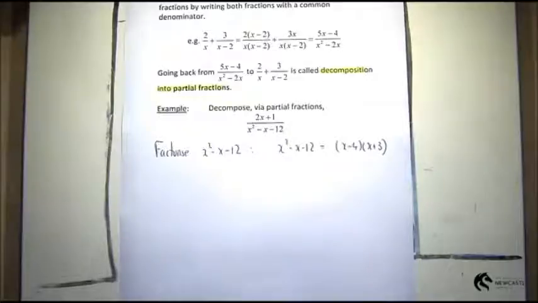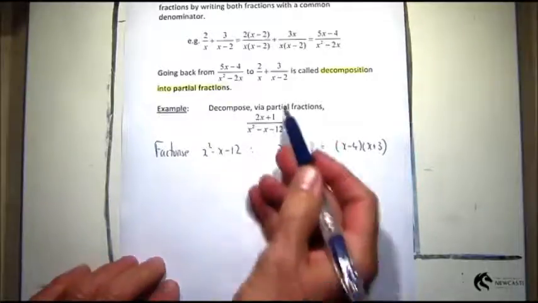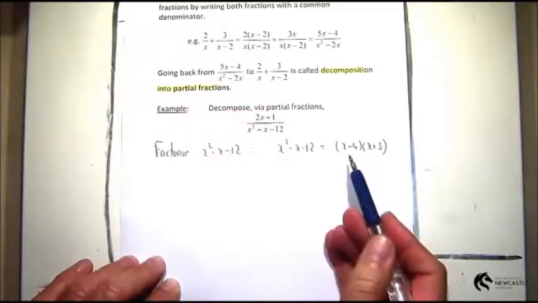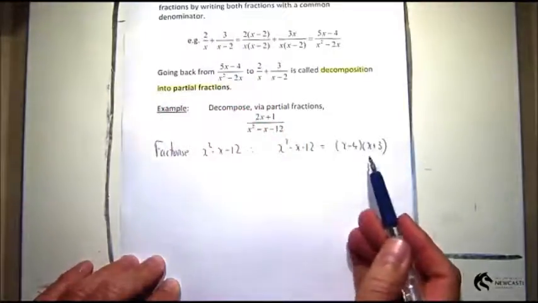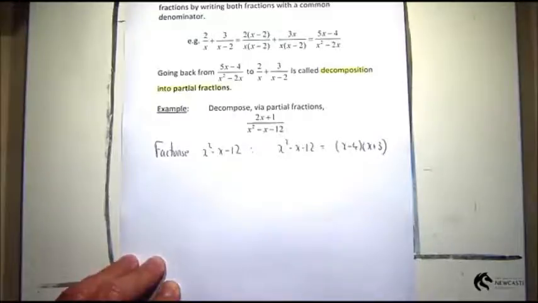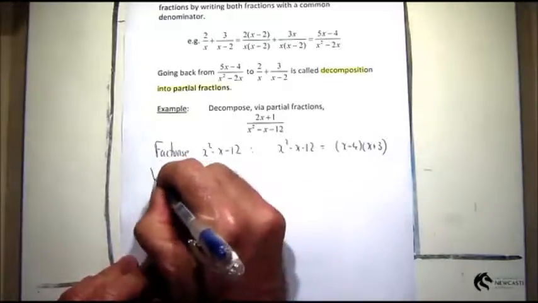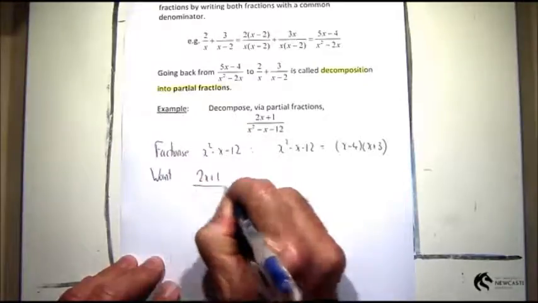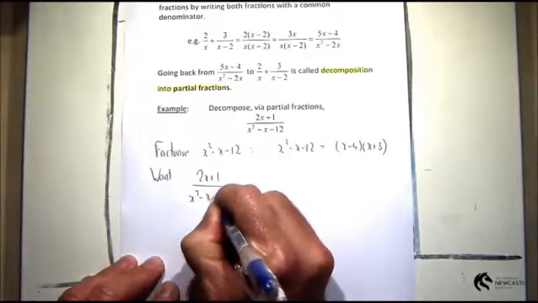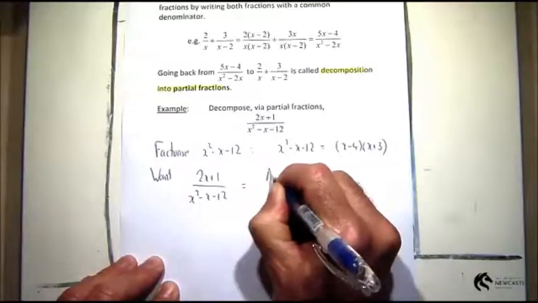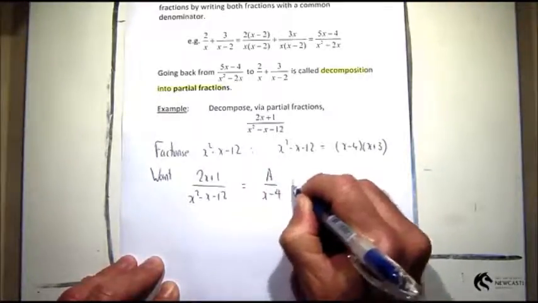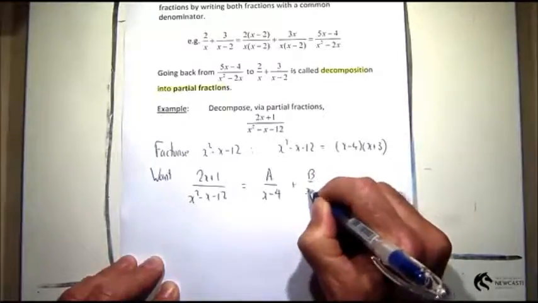Now what I want to do is write this expression as the sum of two other expressions with these as its denominators. So now we want 2x plus 1 over x squared minus x minus 12 to be some number a over x minus 4 plus some other number b over x plus 3.